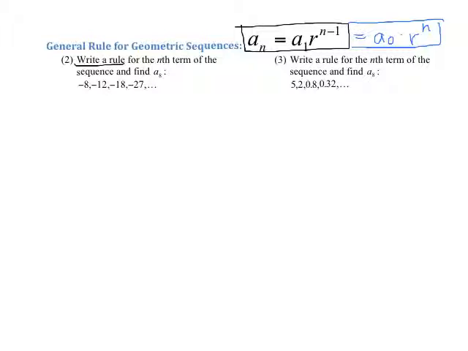And so if we go ahead and write down a template, a_n is equal to something times something to the n minus first power.